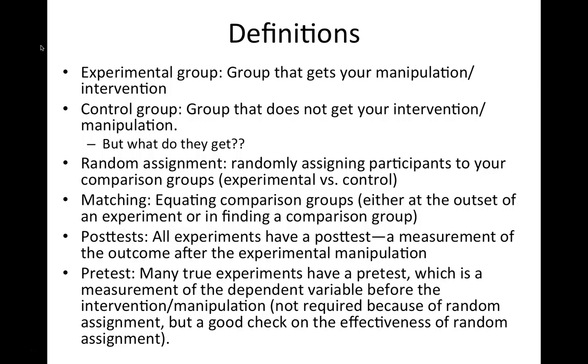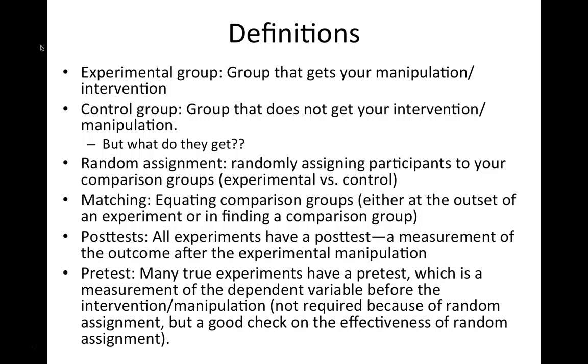If we randomly assign everybody, then theoretically any variability in our outcome variable or in other kinds of variables, demographics, things like that, should sort of even out. It should be equally randomly distributed in both of our groups.